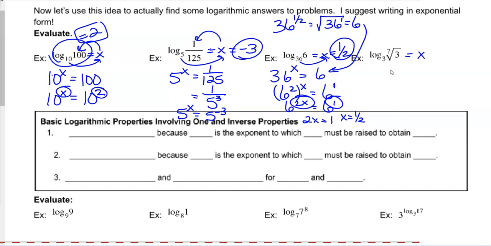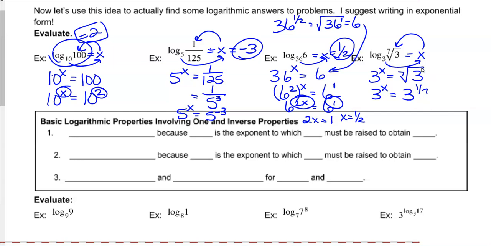Let's set that equal to x into our exponential form. 3 to what power has to equal the 7th root of 3. Now, this is going to come back to this idea that I just alluded to with these fractional exponents. Here I have a 7th root of 3, but I want to write this as a power. So since we're coming into fractional exponents, that helps us out a little bit. I'm going to rewrite this piece, but I can go backwards now and say, okay, I want to rewrite this as the power over the root, as 3 to the 1/7.